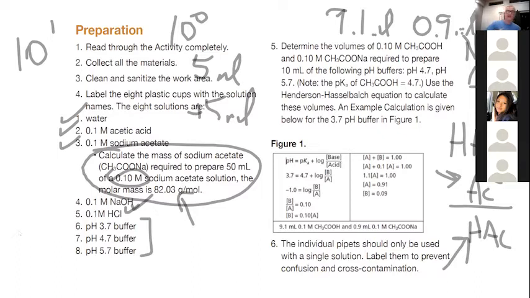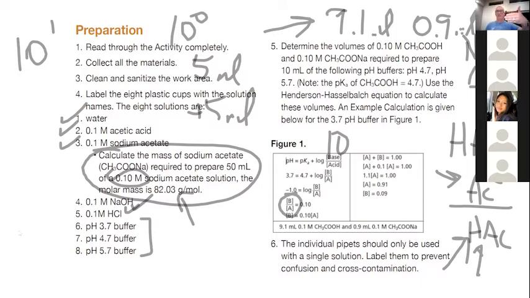That means the ratio of acetate divided by acetic acid has to be 10, meaning now we need 10 times more acetate than acetic acid. So if you're making, again, 10 mils of this stuff, you need 10 times more acetate than acetic acid. Basically the opposite of the very first one we made at 3.7.